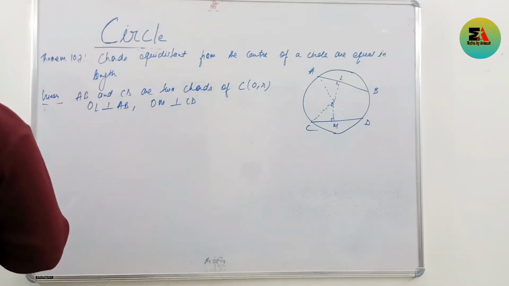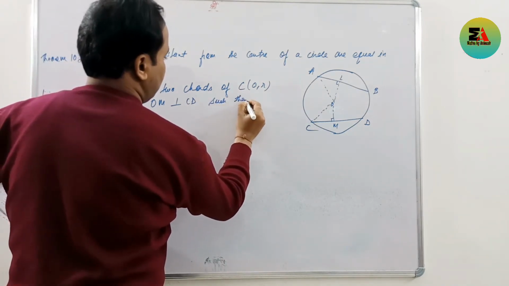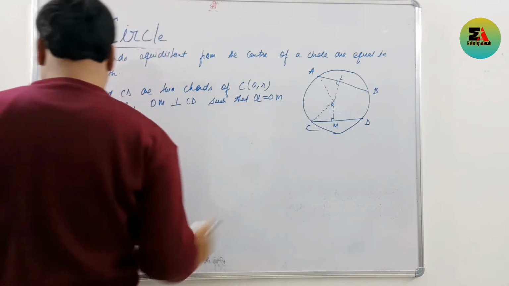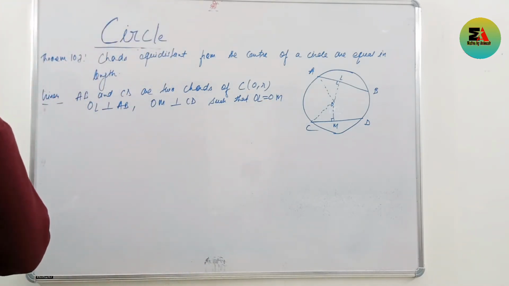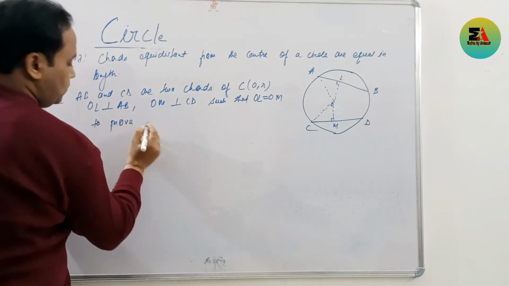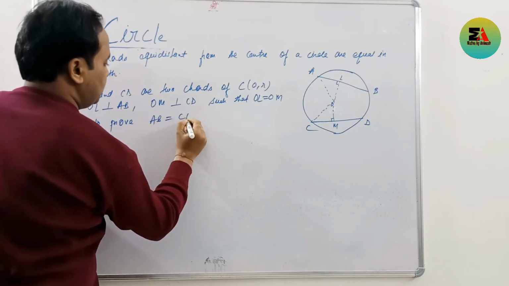This is given such that OL is equal to OM. Then what we have to prove? We have to prove the lengths of both chords are equal. Therefore, AB is equal to CD.